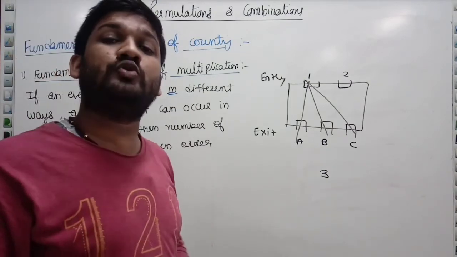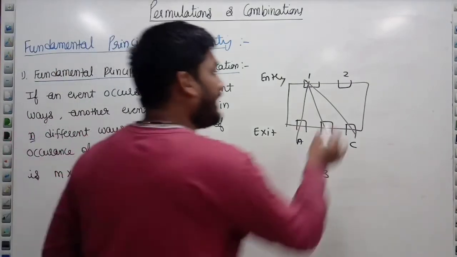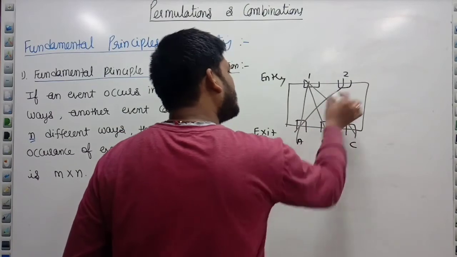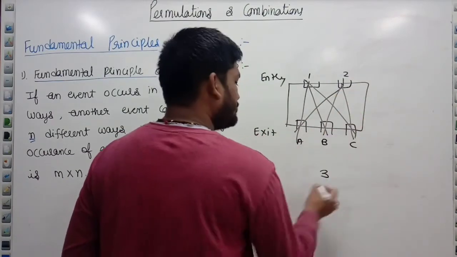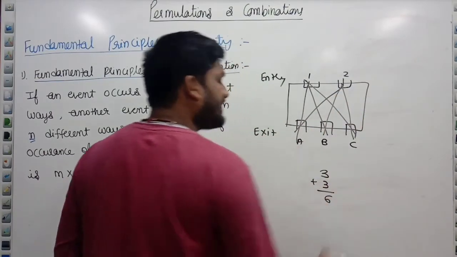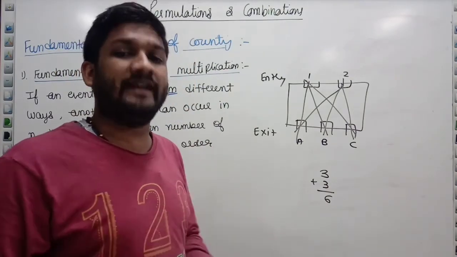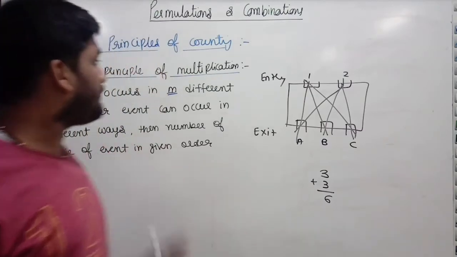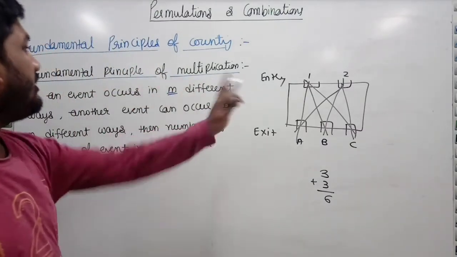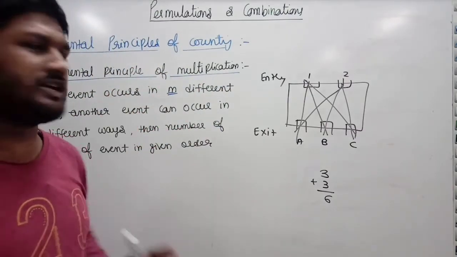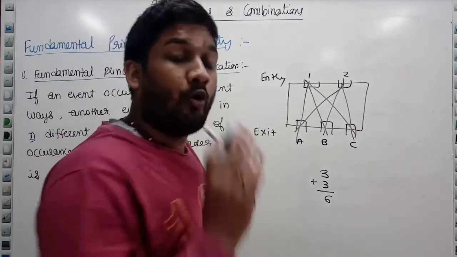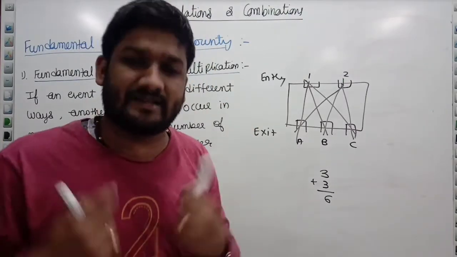But if I enter from the second gate, then also I have three exits. So 3 plus 3, the total ways is 6. Now I have done this by calculating. If I want to calculate it by the fundamental principle of multiplication, I can say the whole task is divided into two parts.